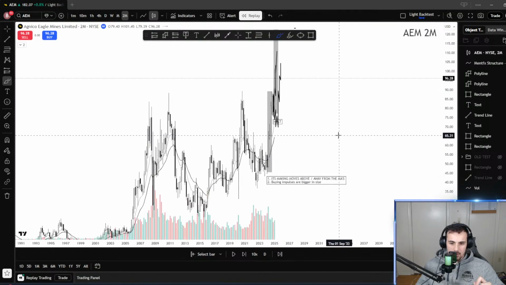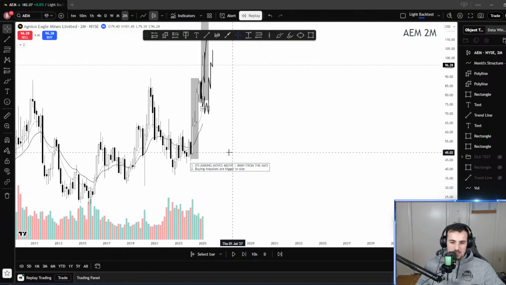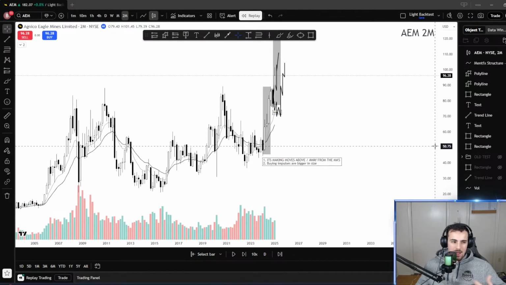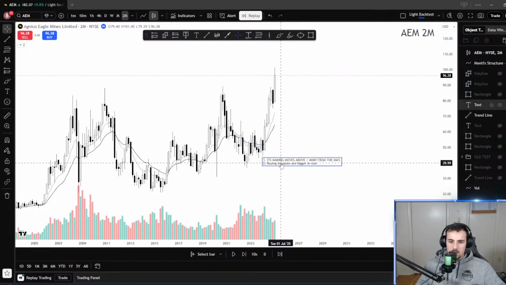you would notice that these two things that I wrote down here on the 2-month chart, or just a higher time frame perspective to actually view the orders, is that one, let me get rid of all this for you guys. It's making moves above and away from the MAs.